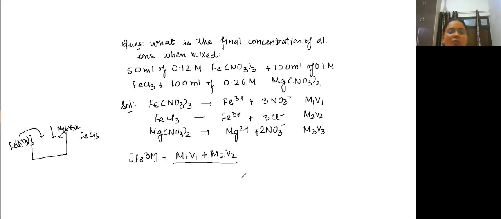What will be the total volume? Correct. Total volume will always be V1 plus V2 plus V3. Why are we not taking M3V3? Because it does not contain Fe3 plus.